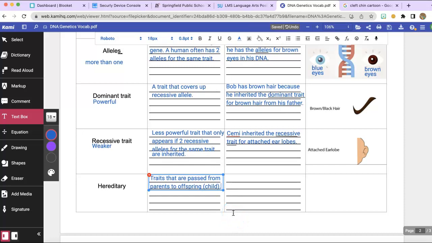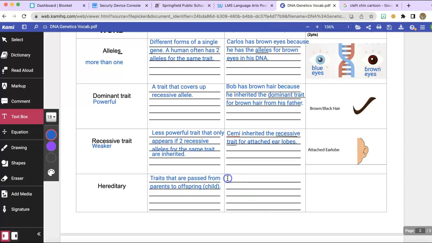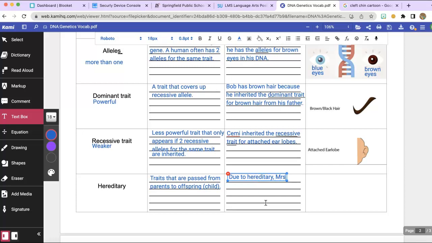All right. Here we go. Sentence time. Due to heredity. Make sure you spell it right. I'm going to use me this time.